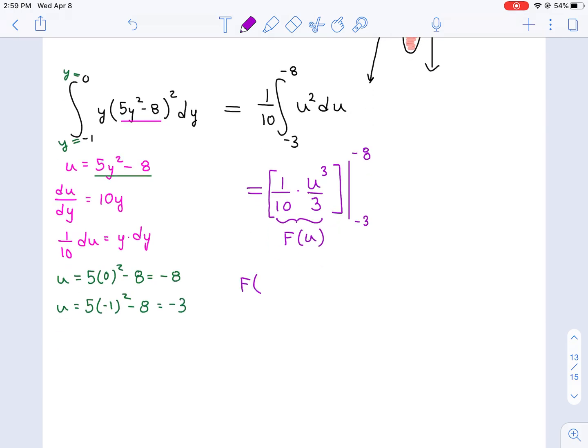So capital F of -8 is equal to -8 cubed divided by 30, which is equal to -512 divided by 30. Capital F of -1, sorry, not -1, but -3 is -3 cubed divided by 30, which is -27/30.